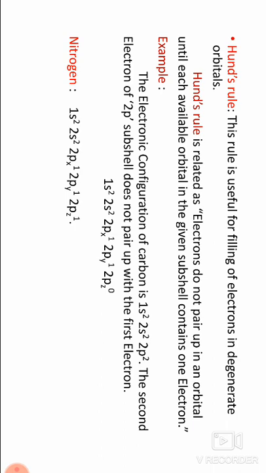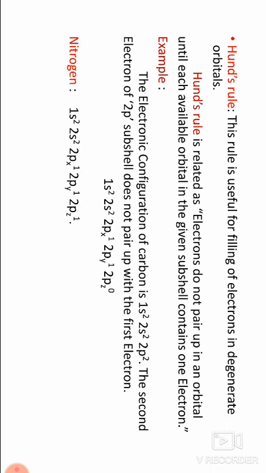So in these principles, first one is Aufbau principle. These principles are mainly used to arrange the electrons present in atoms of various elements, or the distribution of electrons.